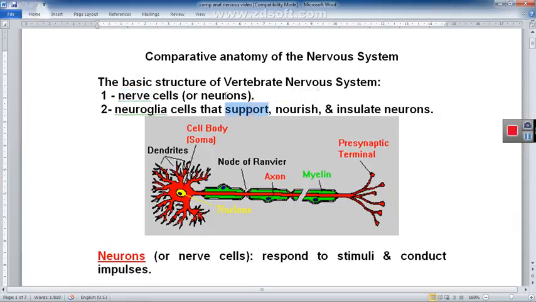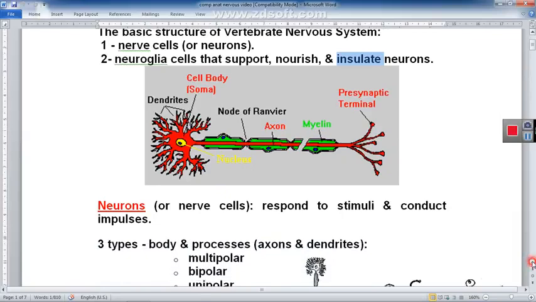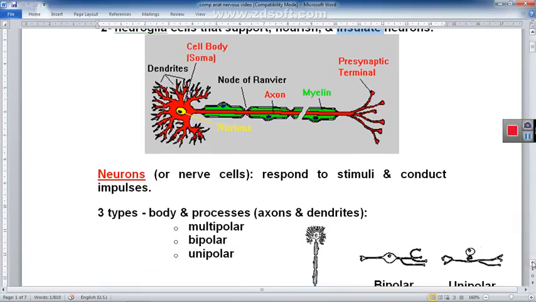The nerve cells are called neurons and the supporting cells are called neuroglia. The neuroglia not only provide support to the nervous system but also provide nutrition and insulation in between the neurons.